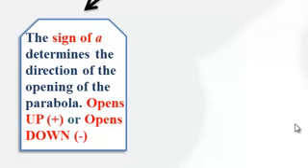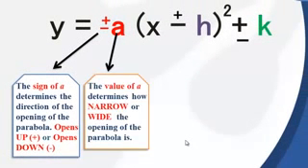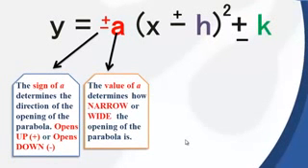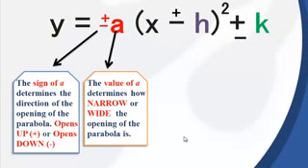If it is negative, it opens down. How about the value of a? It determines how narrow or wide the opening of the parabola is. If the absolute value is greater, it is narrower. If it's getting closer to 0, it becomes wider.